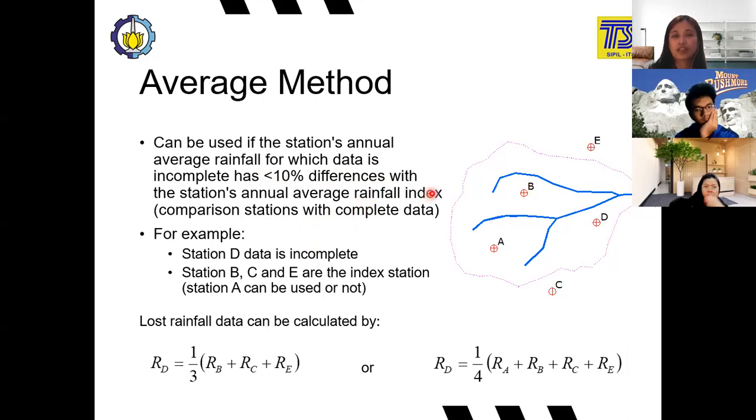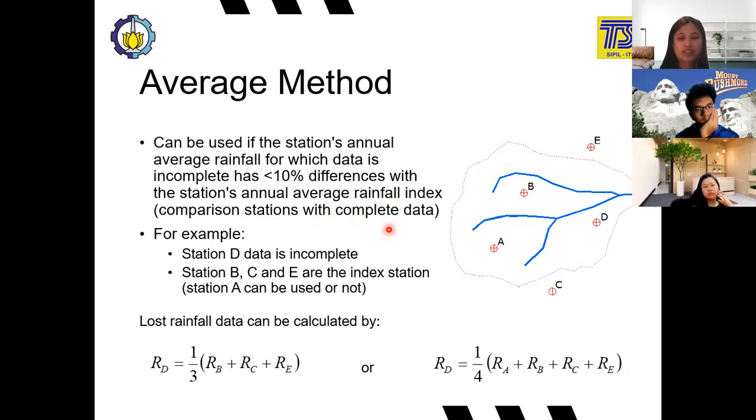The average rainfall index here is from the stations with complete data. As you know from our previous meetings, we can get the rainfall data by using the rain gauge in a rainfall station.